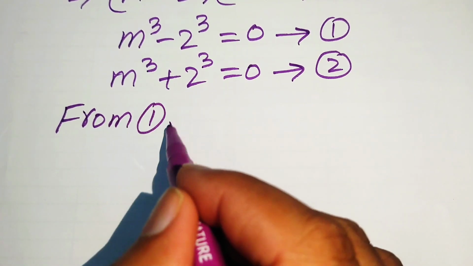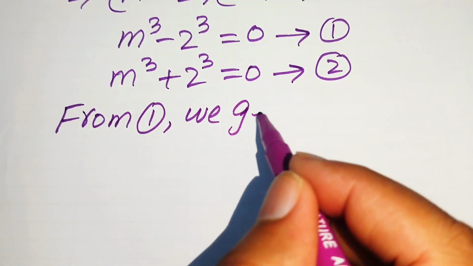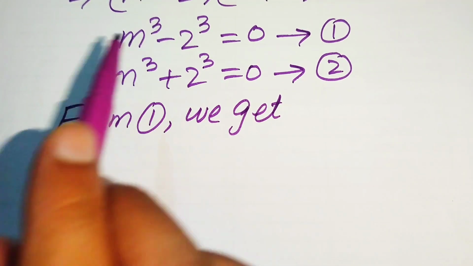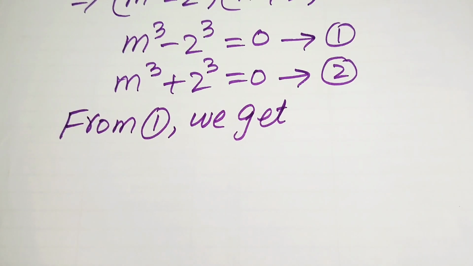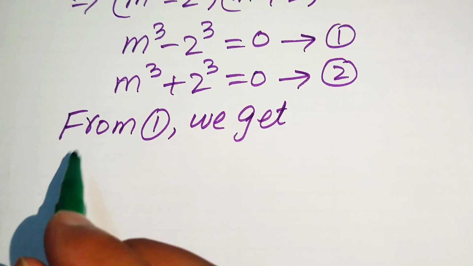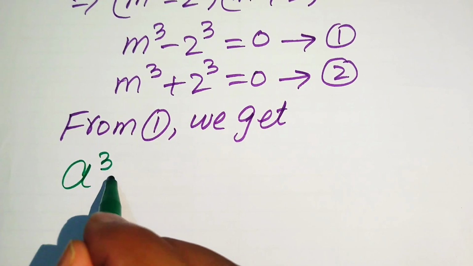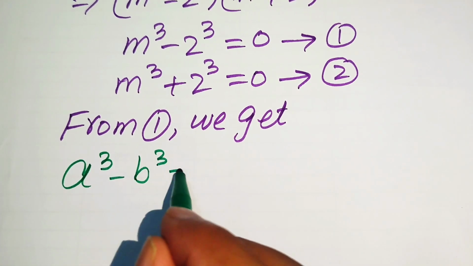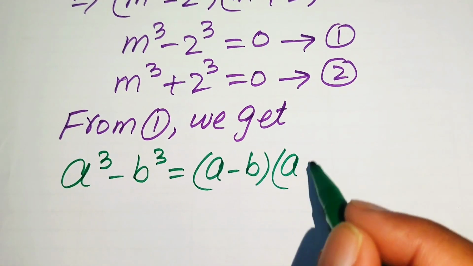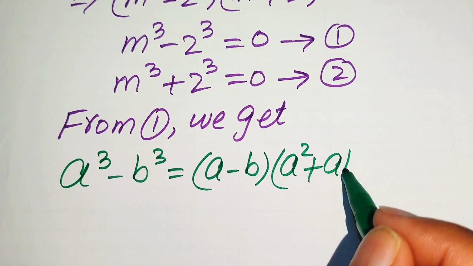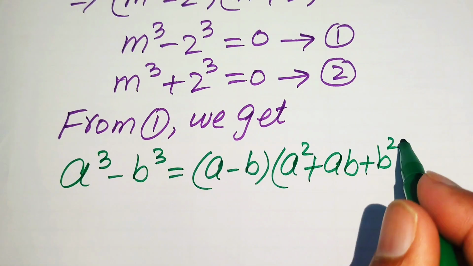From 1 we get, so our equation number 1 is m cubed minus 2 cubed. In equation number 1 we use the nice cubic formula, and you know that if we have a cubed minus b cubed, it equals a minus b times a square plus ab plus b square.